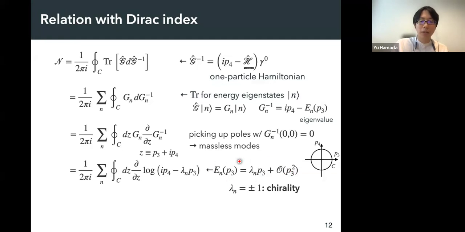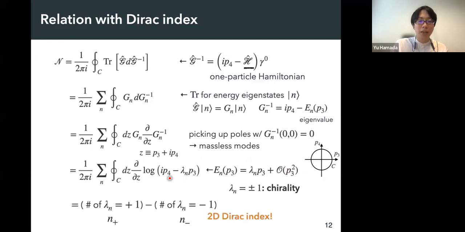Substituting this expression into z_n, we have these integrations. This integration gives plus 1 when lambda_n is plus, and gives minus 1 if lambda_n is minus.